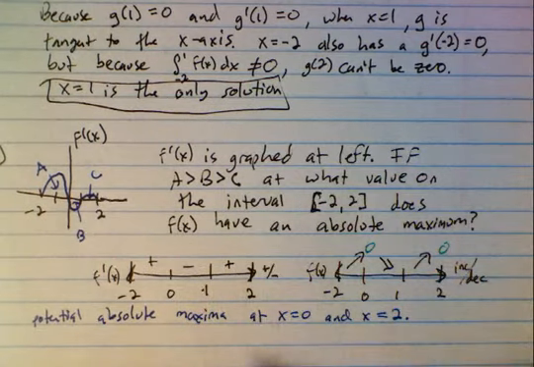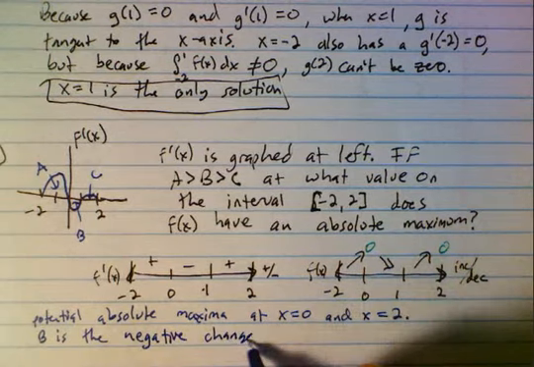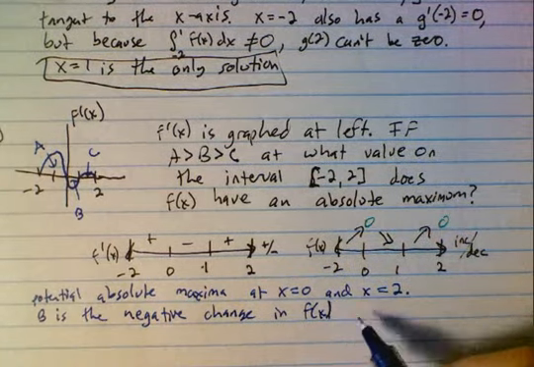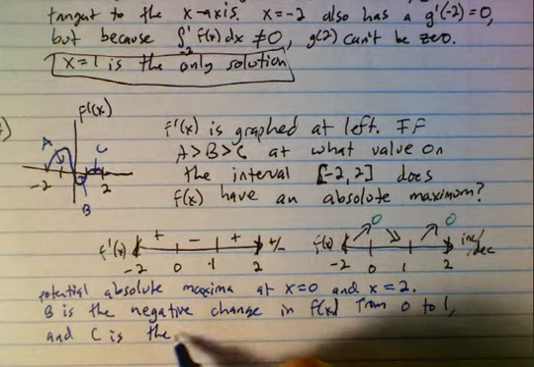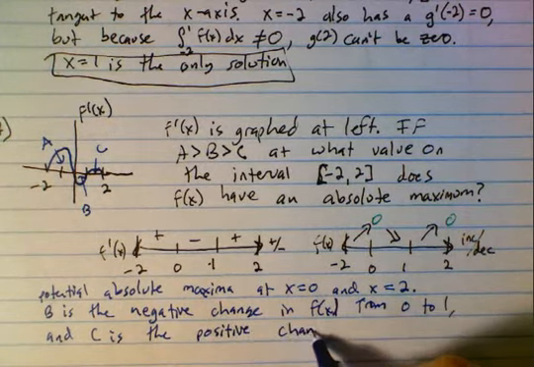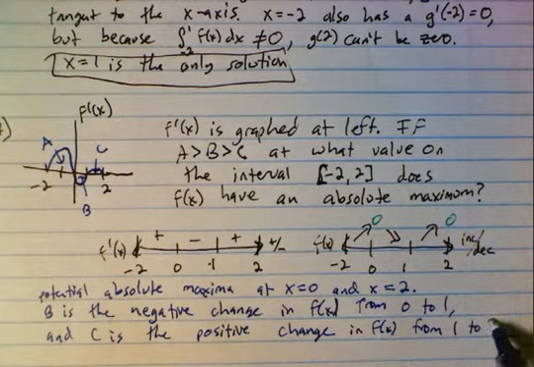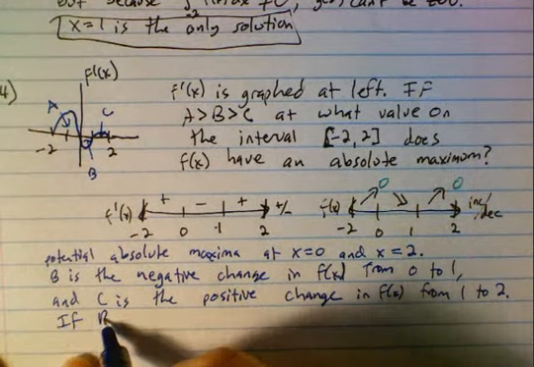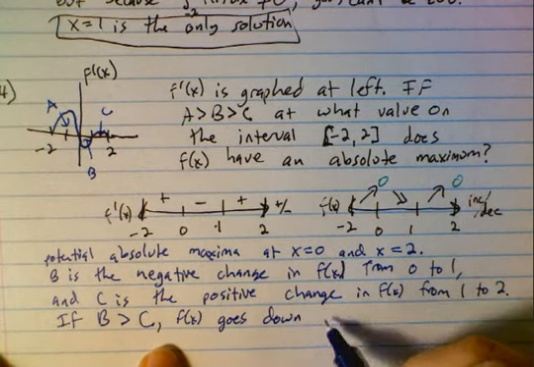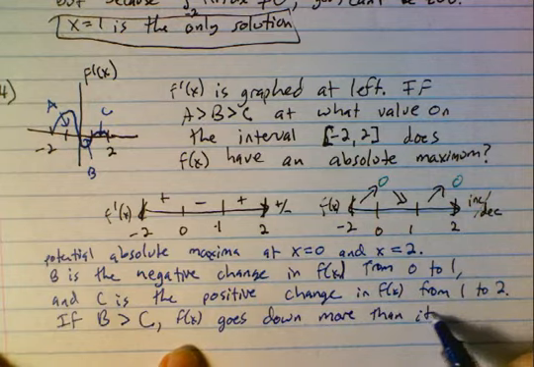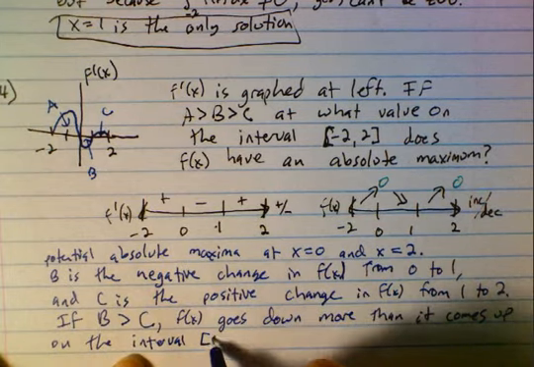So let's write down a little bit about that. If B is greater than C, like it says in the problem, f of x goes down more than it comes up on the interval 0 to 2.